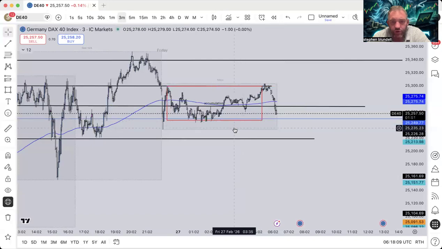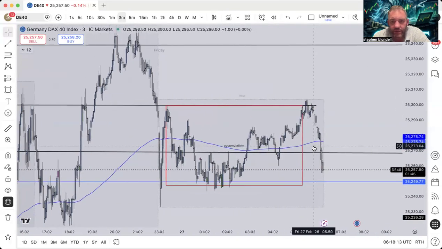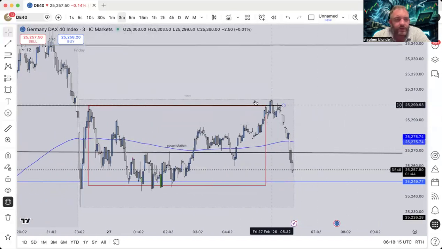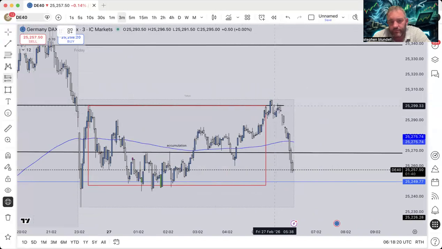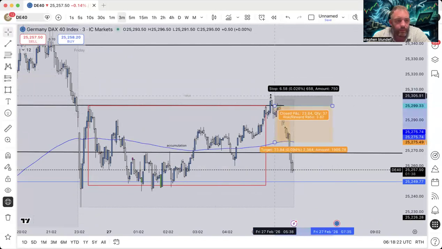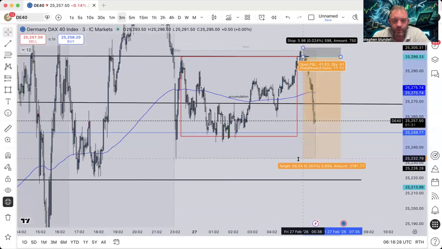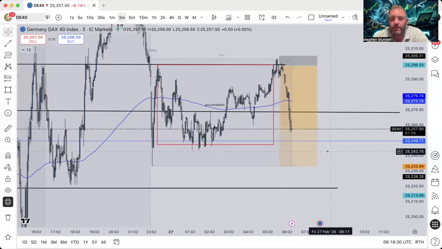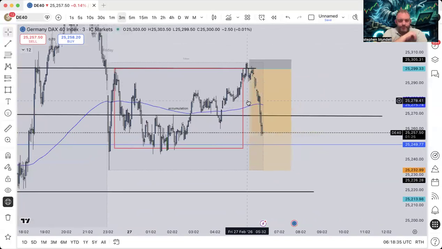So you could have potentially got a trade if you was up early enough to go to Asia low. There we go. So that would have been an AMD trade there.